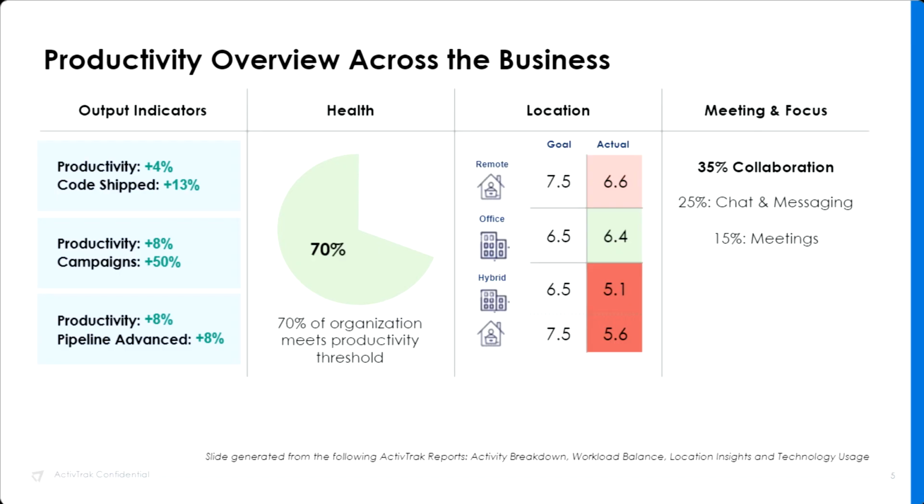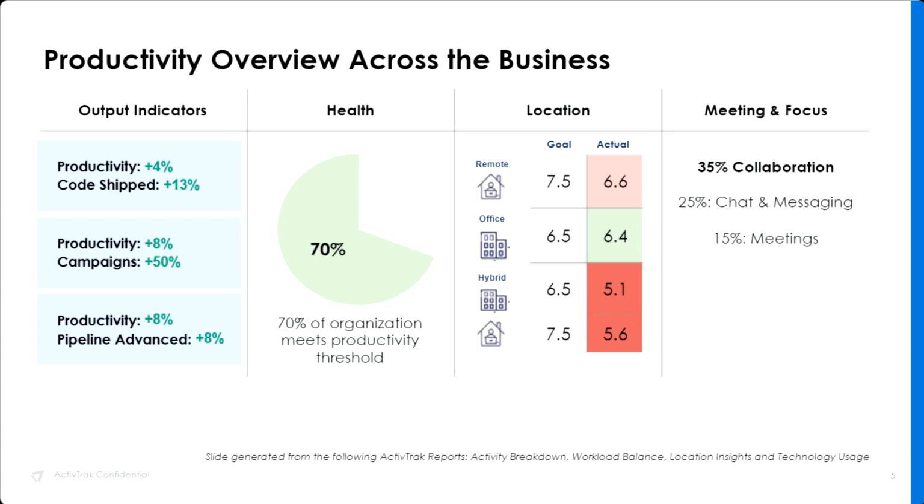Of course, these are insights that you can grab from ActivTrak, giving an overall understanding of health, not limited to perhaps the input that you get from an engagement survey on an annual basis, but something that you can pull on an ongoing basis for your executive team. For location, you can see here the ability to quickly report out on what the goals are of your workforce, that is remote, in office, or hybrid, and what they're actually working.